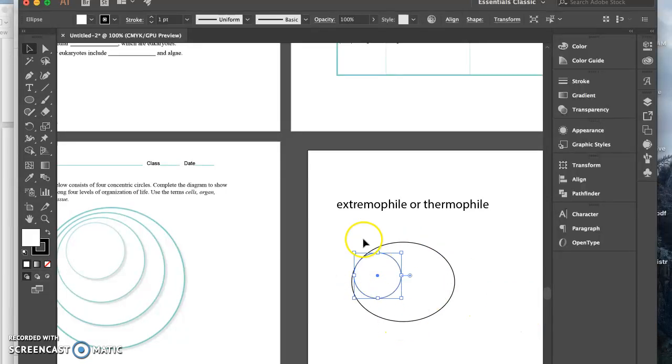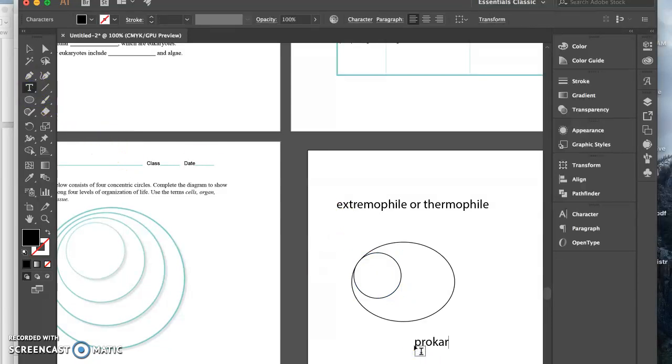So again, these represent all living things, and in this circle are the prokaryotes, and they don't have a true nucleus, and they are all unicellular. And then in this bigger circle, we have the eukaryotes, like us.